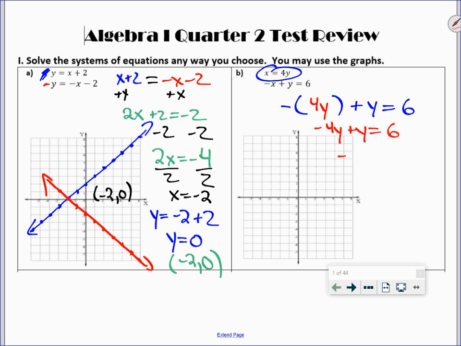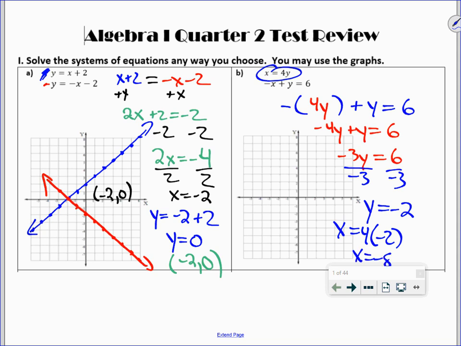I get -3y equals 6. Divide both sides by -3, and I would get y equals -2. And then again, I know that x equals 4 times y, so x equals -8. So my solution would be (-8, -2).